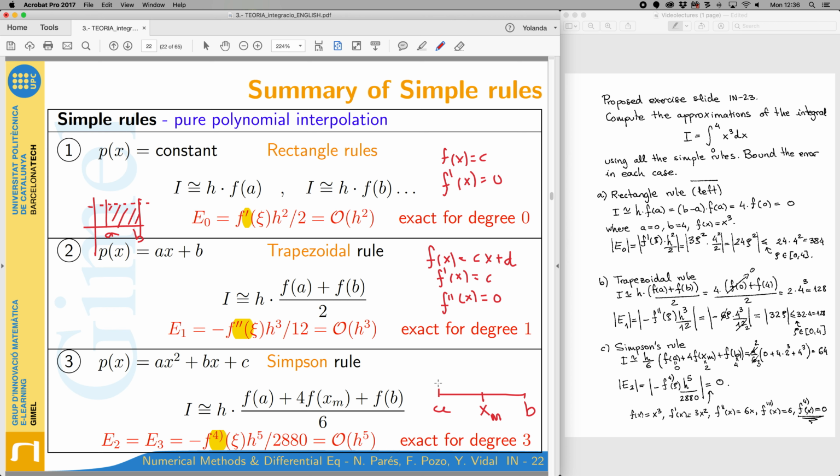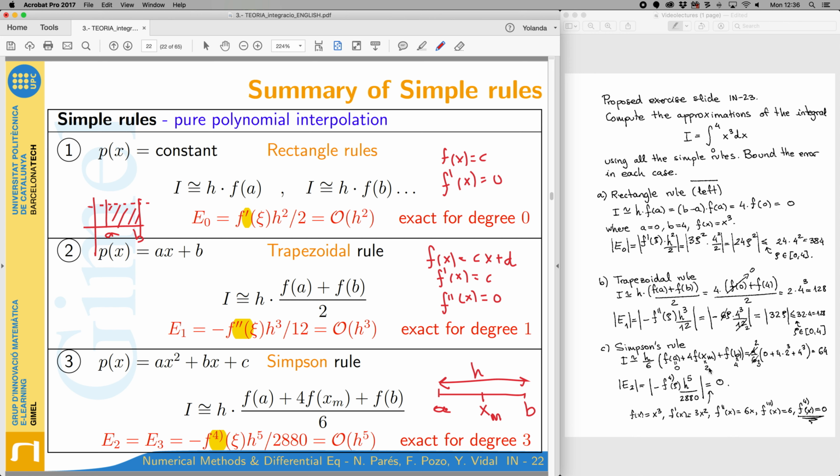But remember that the distance between a and b is what is called h, not the distance between a and xm. H is the whole distance between a and b, okay? So that's why here h is again equal to 4.